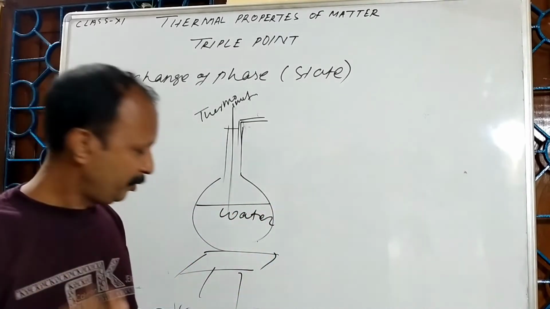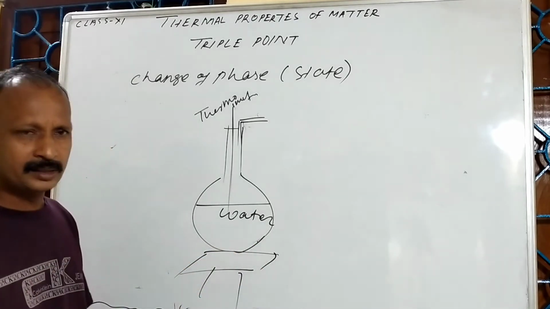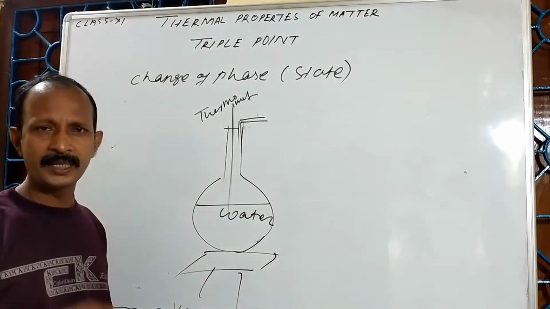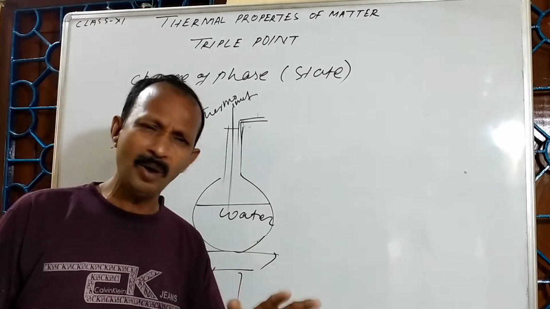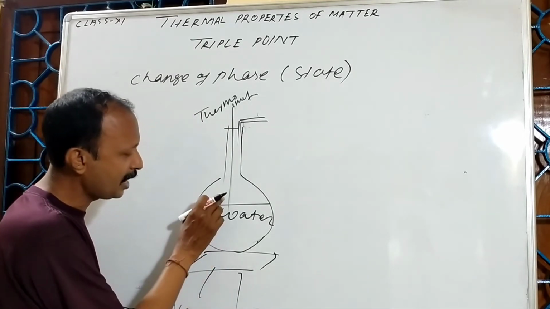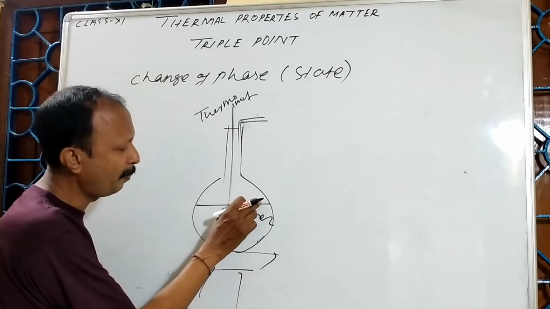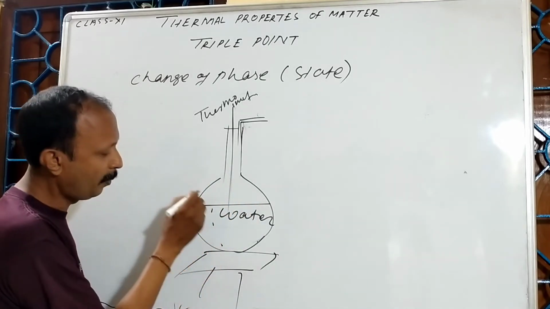If you start supplying heat, in the beginning what will you find, some bubbles will come out. The reason is that some amount of air is already mixed with the water. So whenever you start heating, the air starts to escape in the form of bubbles from the surface of the liquid. From down it will come upwards.